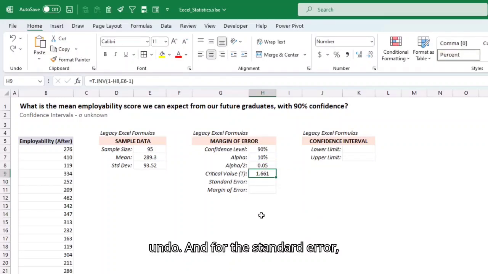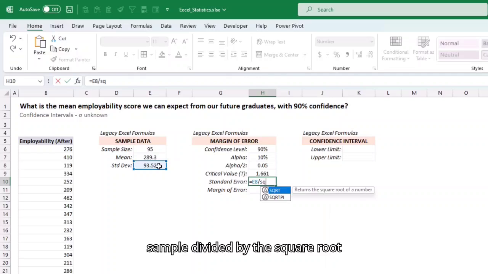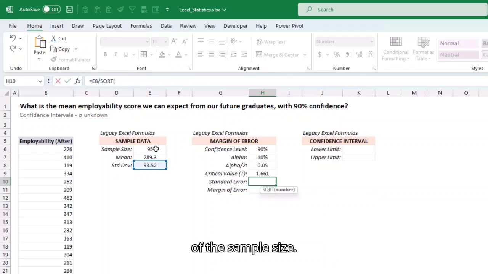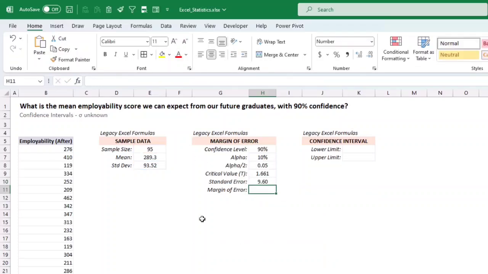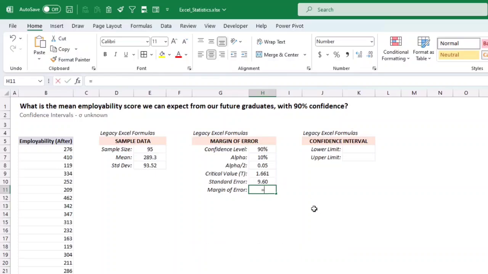Again, if I hadn't done this, I would have gotten the same number, just negative. Let me undo. And for the standard error, we have the standard deviation of the sample divided by the square root of the sample size. Press enter. And for the margin of error, we just multiply the critical value, which is the number of standard deviations, times the standard deviation of our sample means.